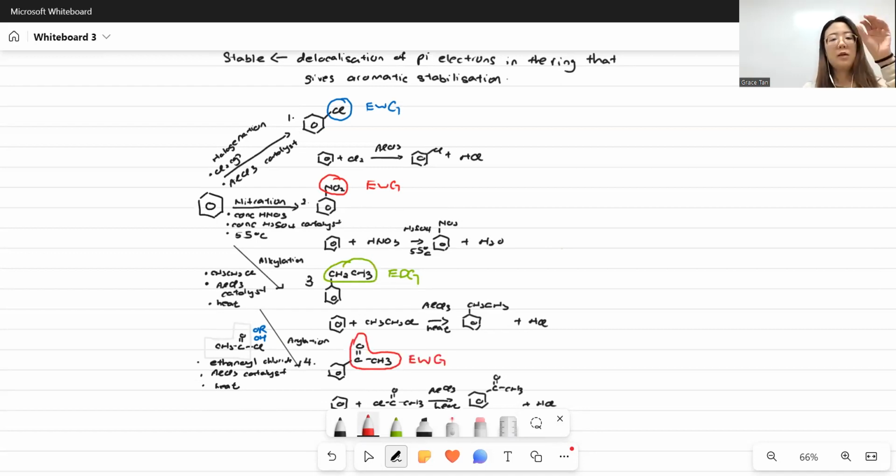So these are the 4 substituents, or so-called electrophiles, that can be substituted on the ring. The mechanism involved in these 4 reactions is known as electrophilic substitution. So I'll write on the left-hand side, mechanism involved is called electrophilic substitution.